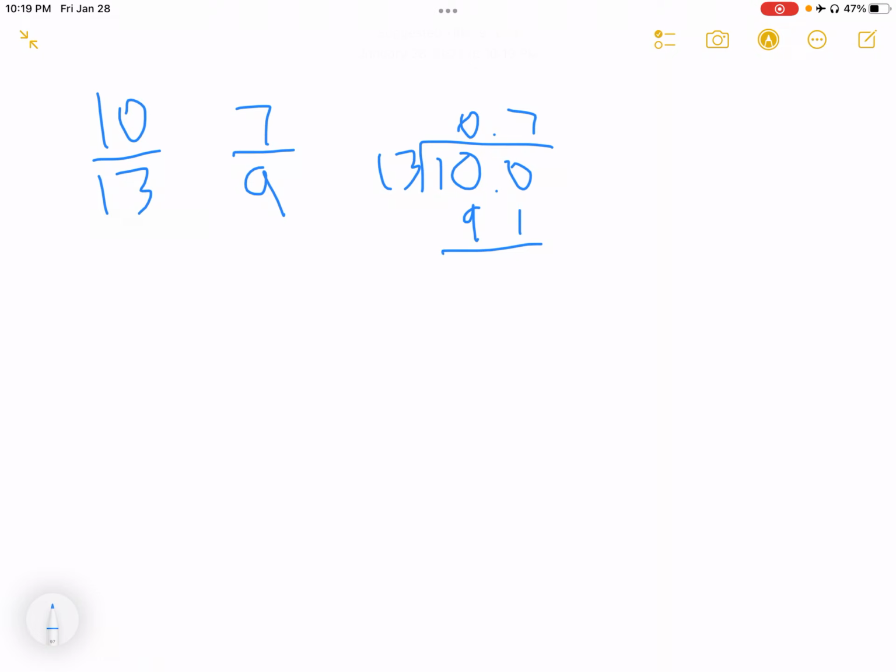91, and 9, 0. And then 90. And then 13 will go into this 6 times. Okay, so for our other 0 that we brought down, 6. And 6 right here will be 78.